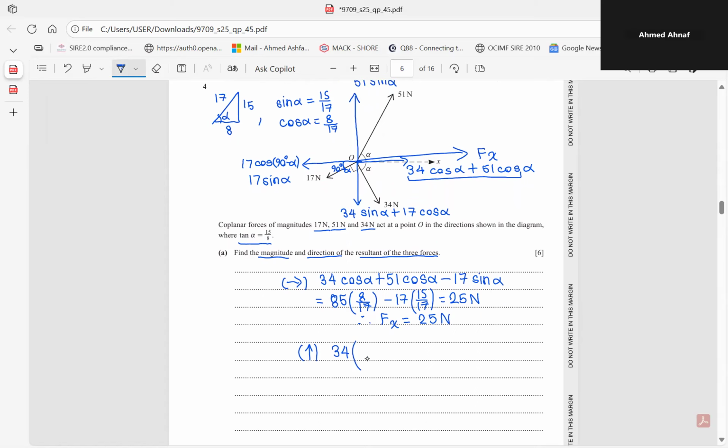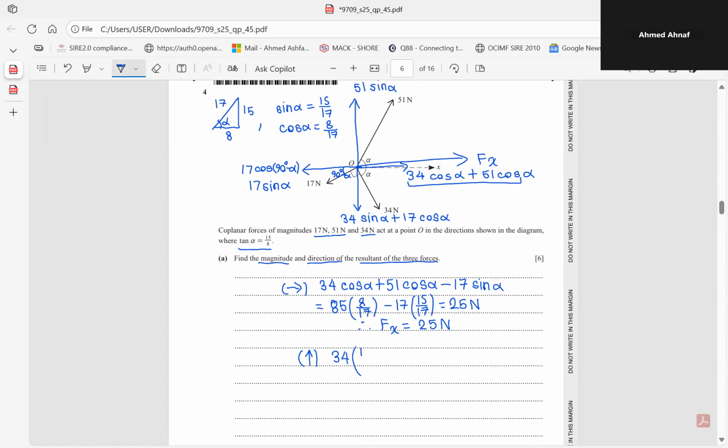So 34 sine alpha, that is 15 over 17, plus 17 cosine alpha, that's 8 over 17, minus 51 sine alpha, so 51 times 15 over 17. This would give us minus 7 newtons.